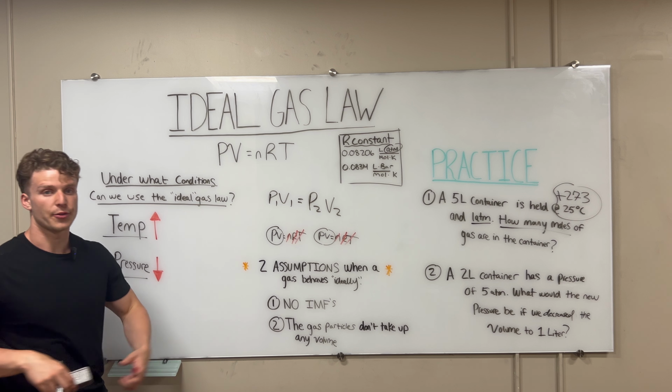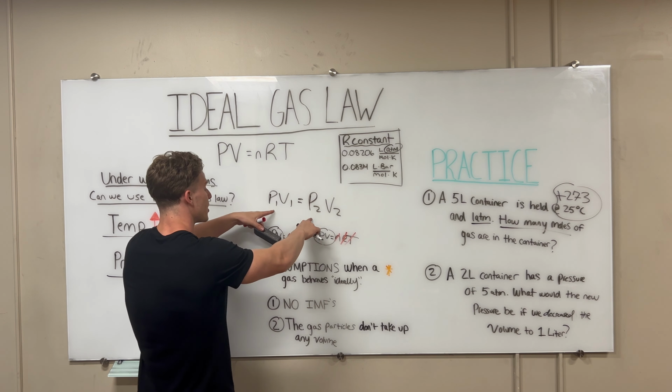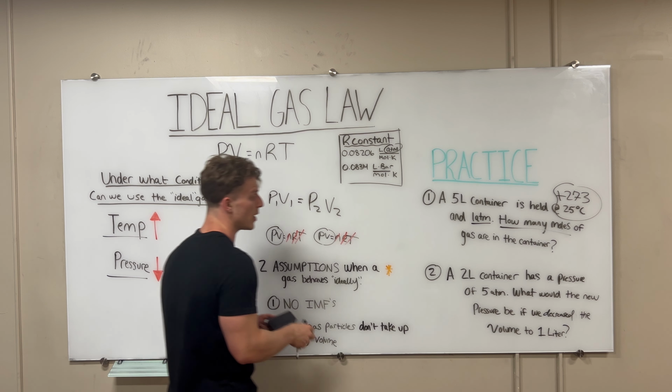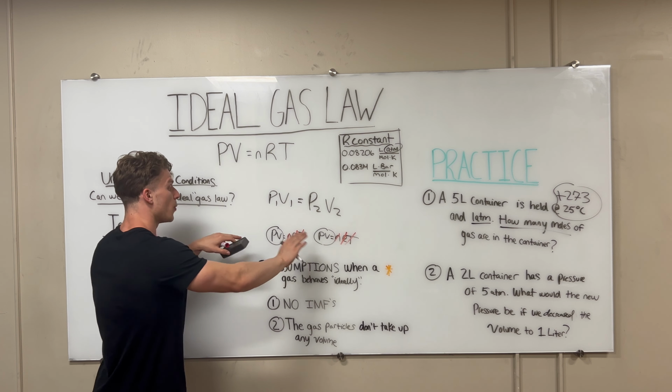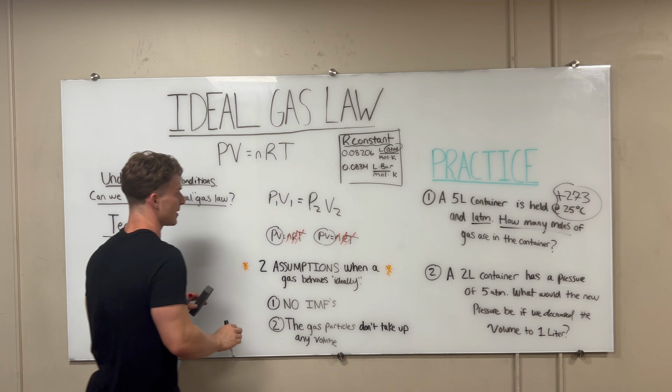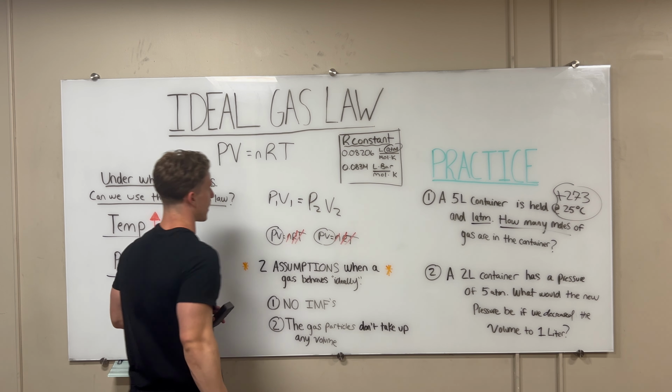Like I said, there are a bunch of different variations where if you cancel out different things, you can set something up just like this. So if you have a situation where they're changing things around, just write PV equals nRT for both situations, cancel out what stays the same, and set up an equality where we can find our missing variable.